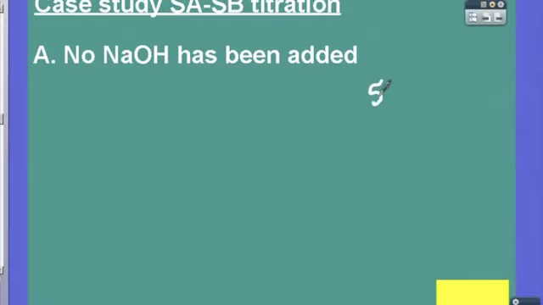And it says that we're starting with 50 milliliters of a 0.2 molar nitric acid solution. Nitric acid is a strong acid, so we're going to need to write our dissociation equation.